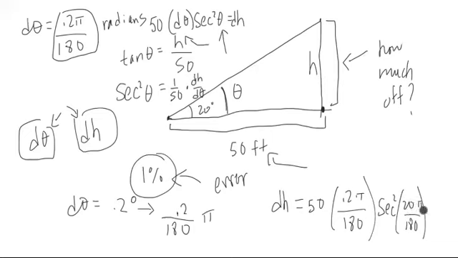If you're in degree mode, just do 20. It'll give you the same result, and that's dh. So if we compute this, we'll know exactly how far we are off. This is a measurement of how many feet we're off. If you work that out, you should be able to see what that is.